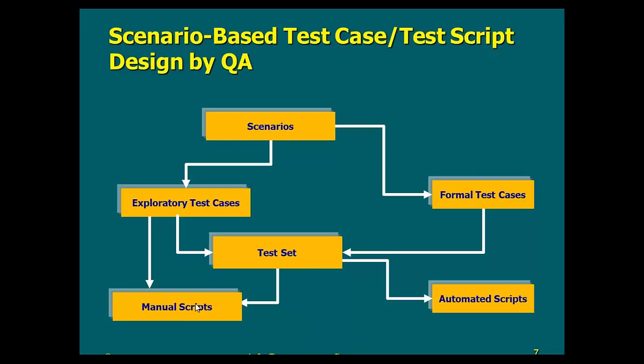And in order for that test set to be executed, you've got to write either a manual script or an automated script. And again, one more time, in the same project, you could be mixing manual and automated scripts. There's nothing here that says all your project is automated, because you will be faced with the fact that there are some test cases that you built very late in the process because the scenario was discovered very late in the process.